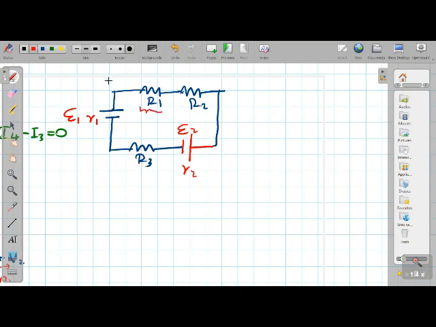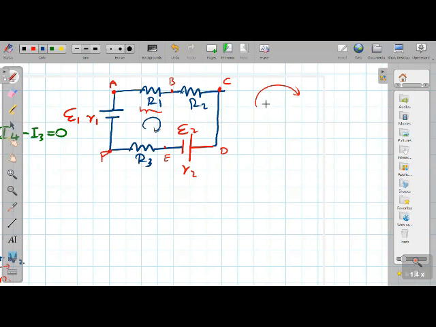Here I will mark this point as A, and this junction as B, this one as C, this one as D, this point as E, and this point as F, and again A. The direction of my positive direction is clockwise.